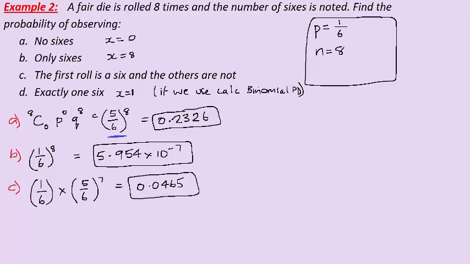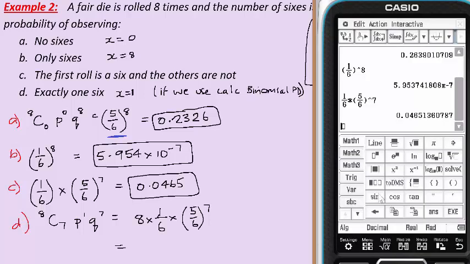And the last one, exactly one 6, then what I'll do is I'll be saying this is 8 combination of 7. There'll be 8 different combinations, but it's 8C7, P to the 1, Q to the 7, and that'll be 8 times 1/6 times 5/6 to the power of 7, which when we go to the calculator, we'll be able to pop that in as well.